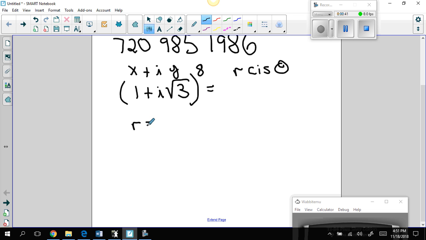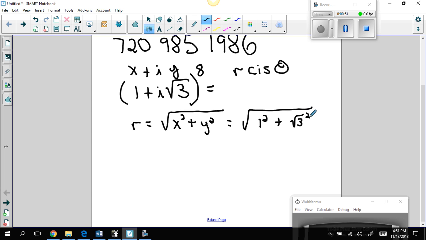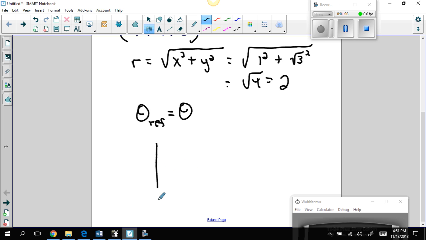So the radius is always the square root of x squared plus y squared, which is the square root of 1 squared plus the square root of 3 squared, which is the square root of 4, which is 2. So 2 CIS theta ref, which is actually theta, because x is positive and y is positive.